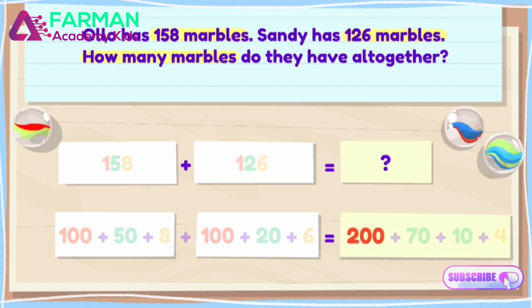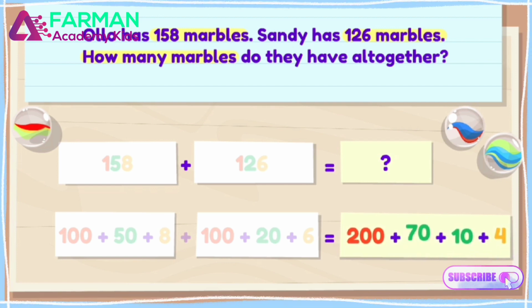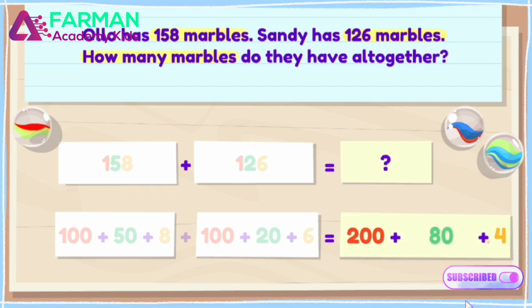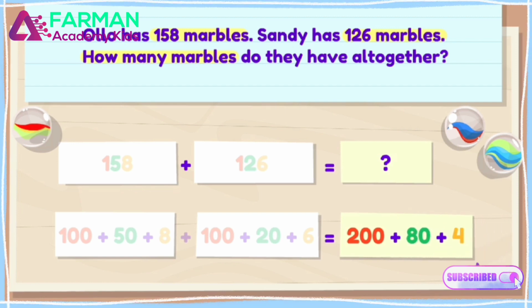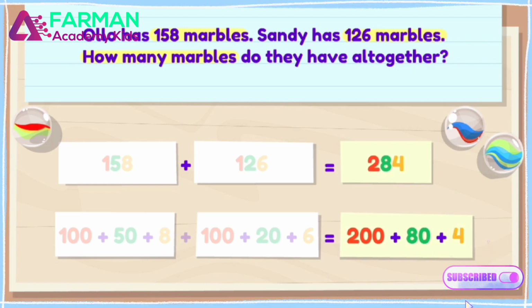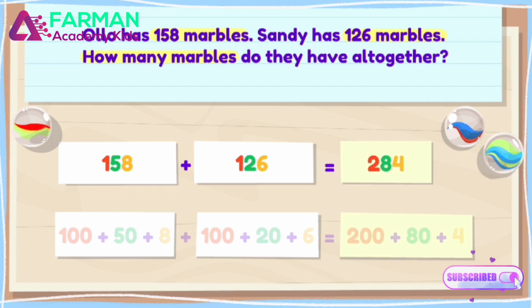Almost there. Let's look at our final number. I see 2 sets of tens that can be added together. 70 plus 10 equals 80. The sum is 200 plus 80 plus 4, which is 284. Alo and Sandy have 284 marbles all together.